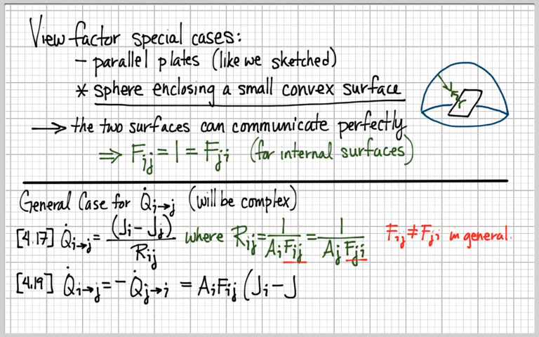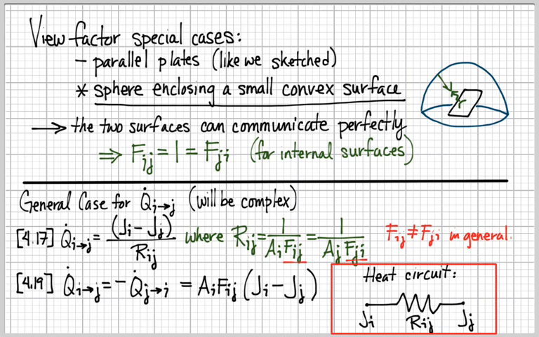And I can furthermore describe the heat transfer from i to j in terms of a rearrangement of Rij, a substitution as well: the area of surface i times the view factor between surface i and j times the radiosity of i minus the radiosity of surface j. And I've got the thermal circuit diagram described. That's that same red resistance diagram that you saw just a couple slides back.